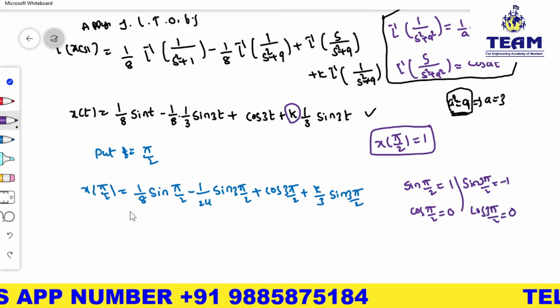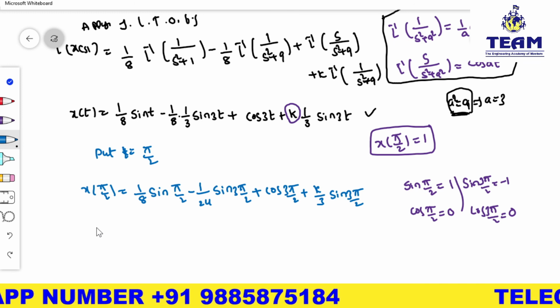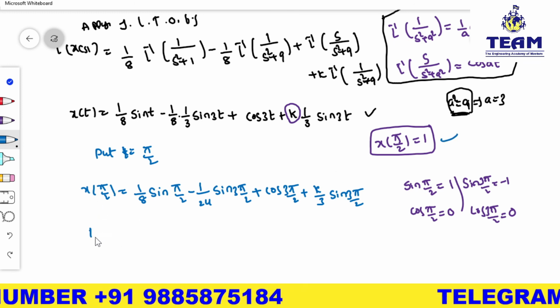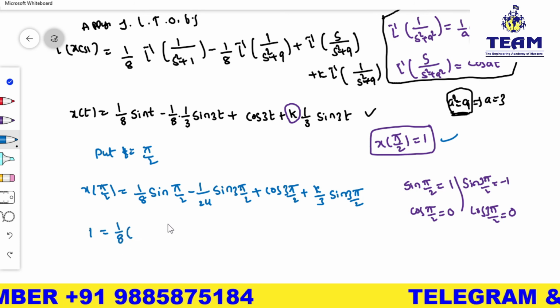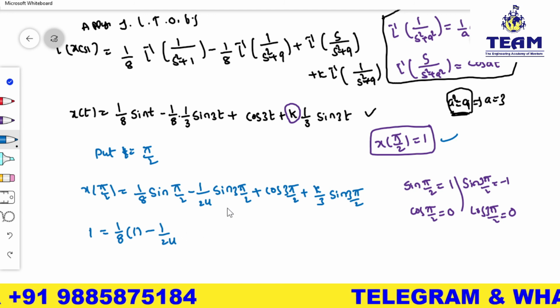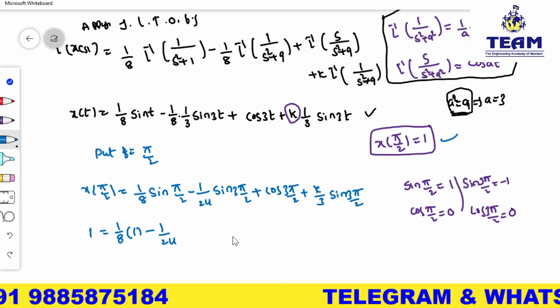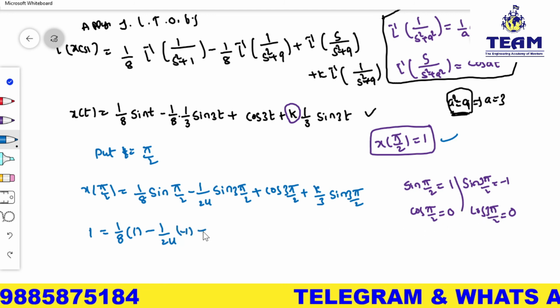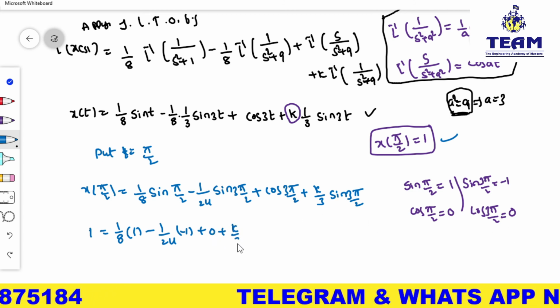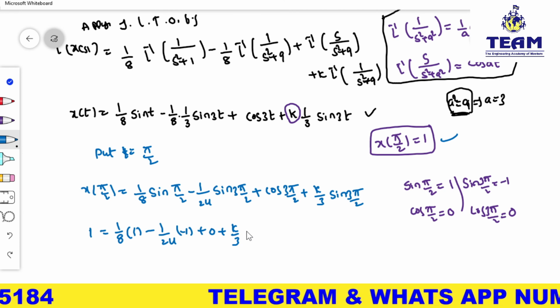So you substitute all these values in this equation. Then we will have x of pi by 2, what is given? 1. So 1 is equal to 1 by 8 times sine pi by 2, which is 1, minus 1 by 24 times sine 3 pi by 2, which is minus 1. Okay. Plus cos 3 pi by 2, which is 0. Plus k by 3 times sine 3 pi by 2, which is minus 1.